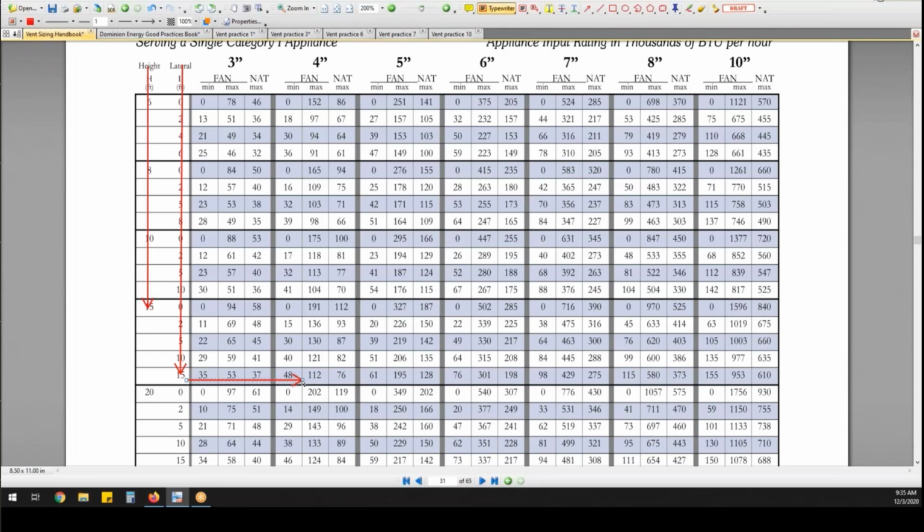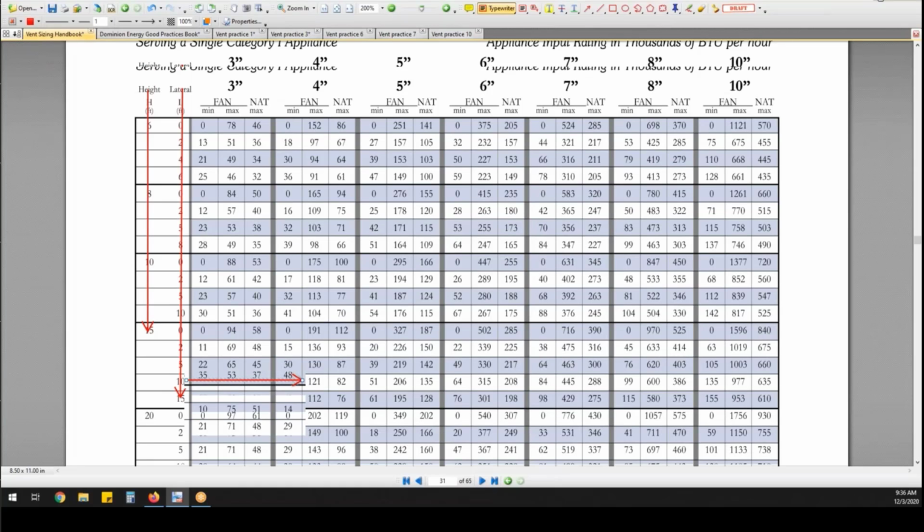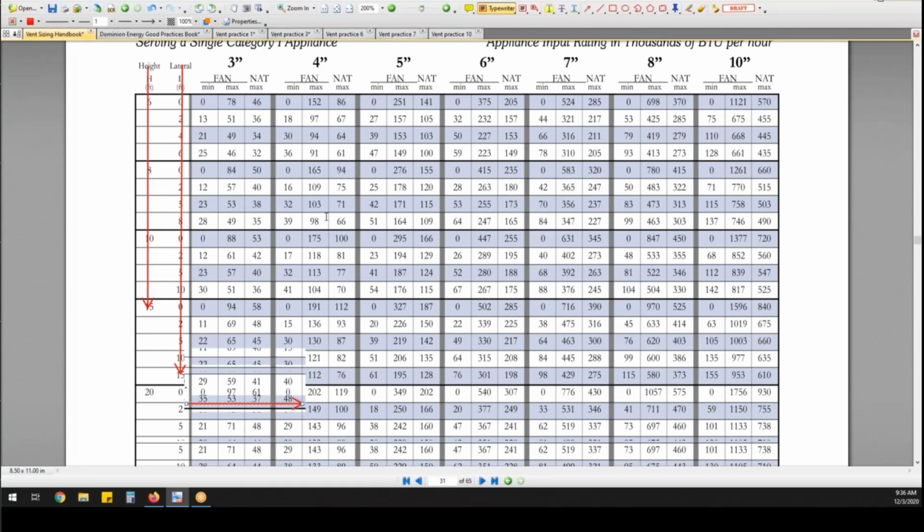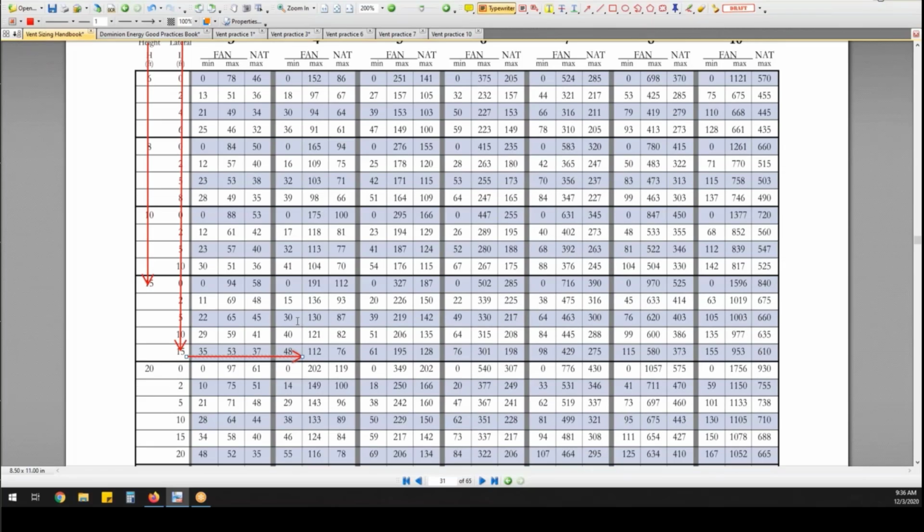We'll get into different pipe sizing and stuff when we, like you said, you can run into situations where you'll have a 6-inch main stack and some other size coming out of it. But first we got to start with the bare basics. And when you're sizing a single appliance, this is how you do it. So yes, the answer to your question is that whole flue would be a 4-inch.